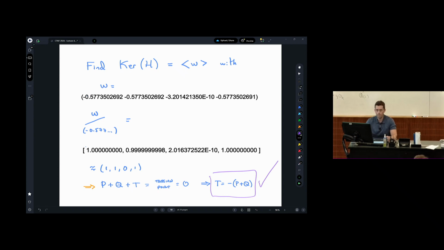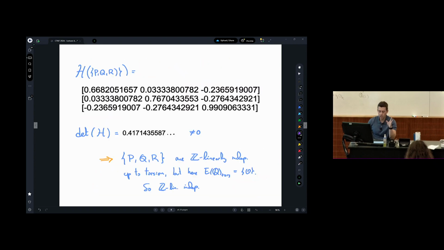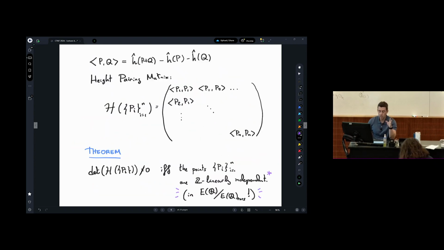Yep. How do we know P plus Q plus 2P is 0? Do we just, like, is it computation? I haven't proved that, but that is actually from the properties of the height matrix. You can actually show, this is I think some exercise also in the book, that from the properties we know about the canonical height, and the fact that the height pairing is a non-degenerate bilinear form, you can prove that if the determinant is 0, if you have something in the kernel, then that gives you a relation among the points.